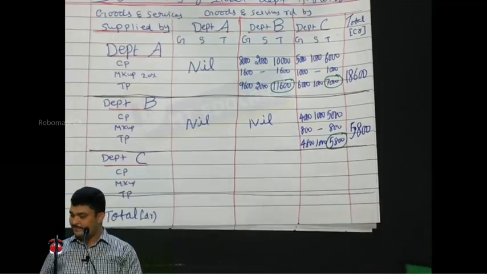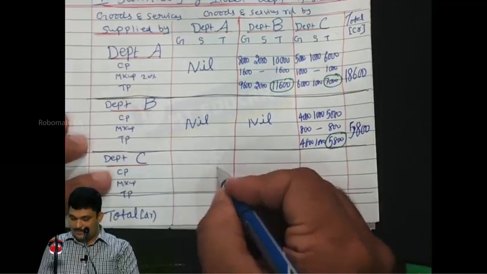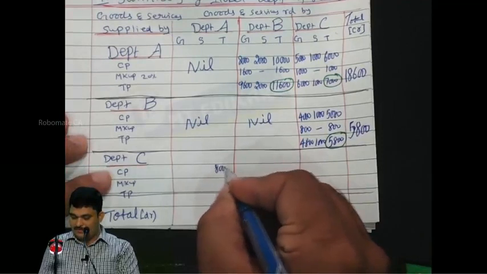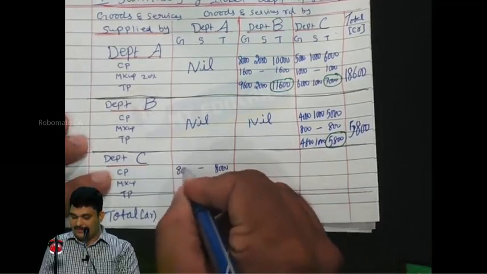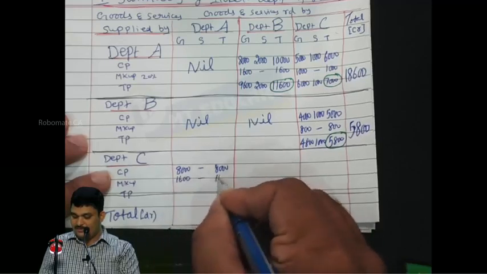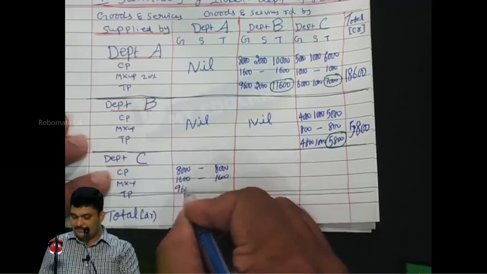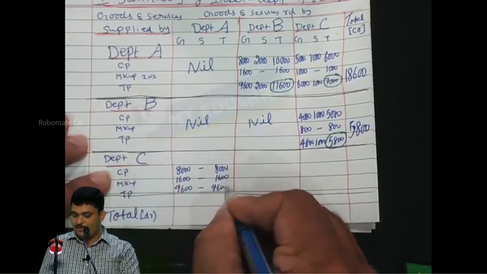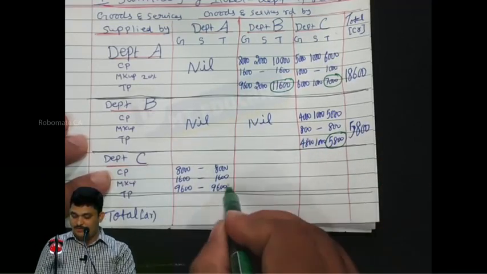C to A, 8,000, plus 1,600, 9,600. No service, only goods.